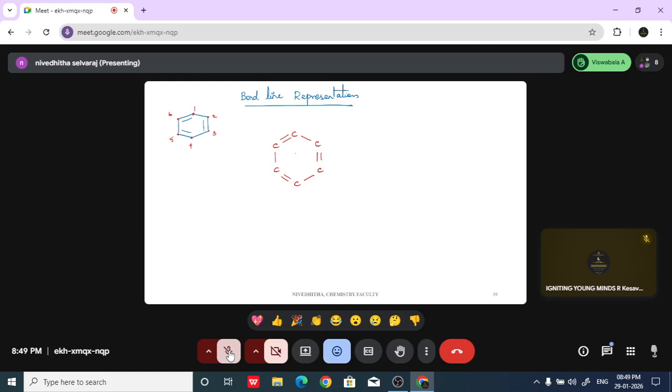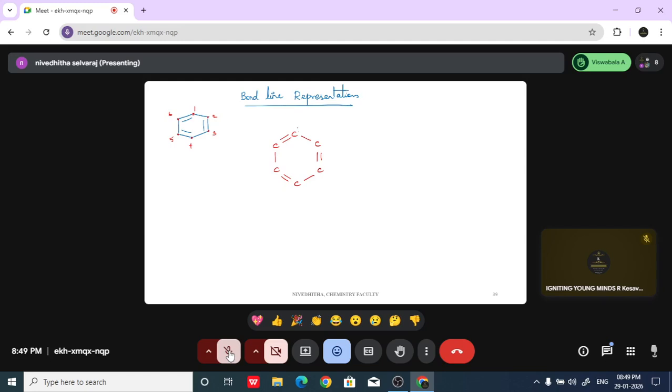Now, finally, we have to satisfy the valency of each carbon. As far as this carbon is concerned, we have 3 bonds. To satisfy the valency, how many chemical bonds do we need? What is the valency of carbon, Kanna? Generally, we need 4 chemical bonds.